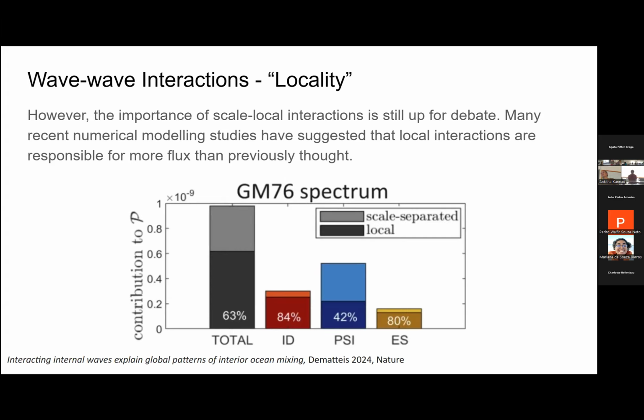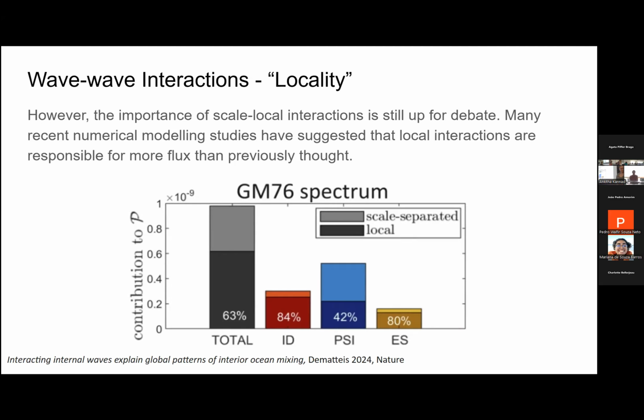There are a lot of recent numerical modeling studies showing that local interactions are actually more important than we thought. This one is predicting that 63% of the, so this is induced diffusion, parametric subharmonic instability, and elastic scattering, and the dark portion is how much of that would be considered local. So 63% of the interactions that are moving energy downscale actually are local.